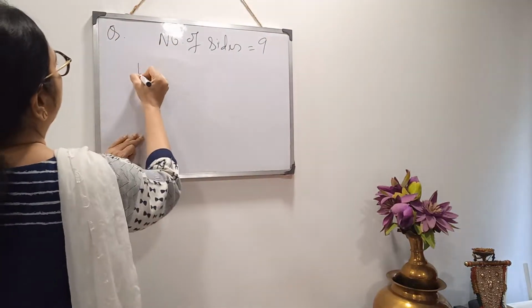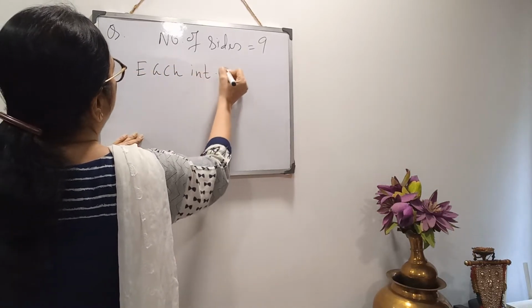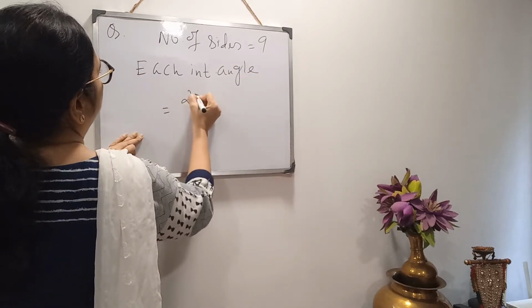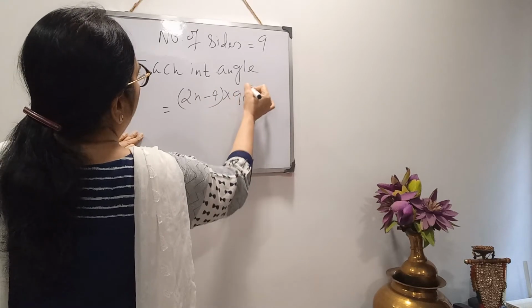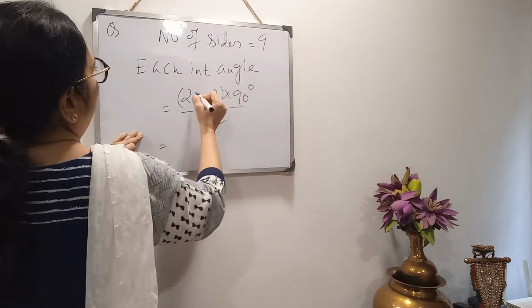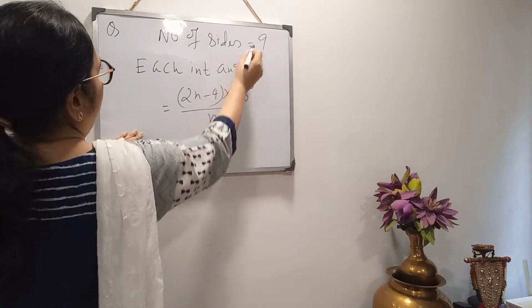What to calculate? Each interior angle. Now I will apply the formula of each interior angle. What is the formula? (2n minus 4) into 90 degree by number of sides. Here the number of sides is given, 9.